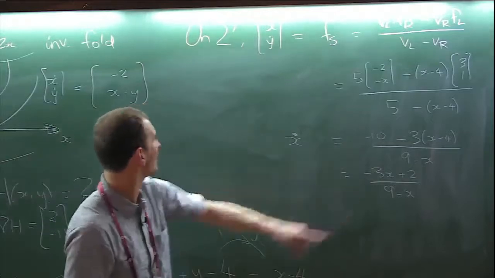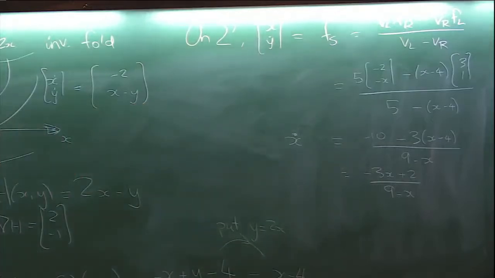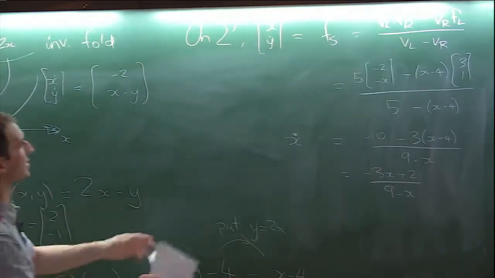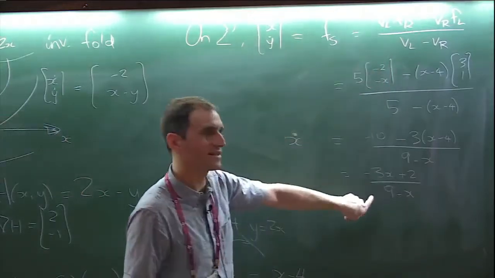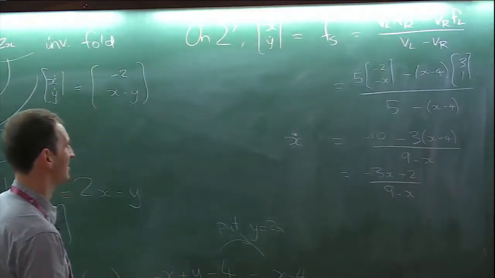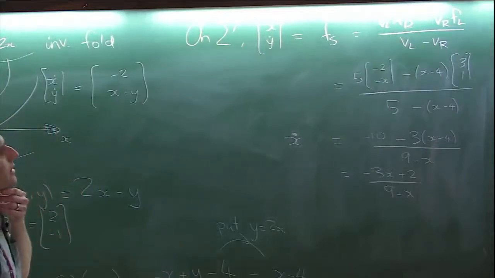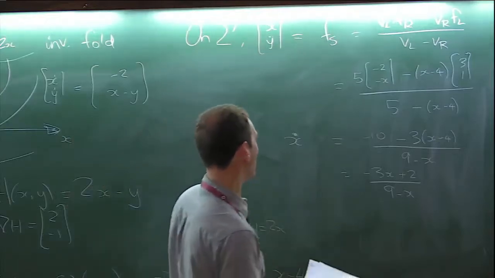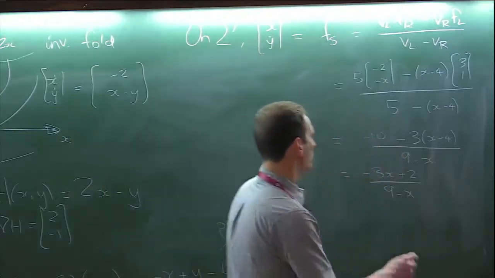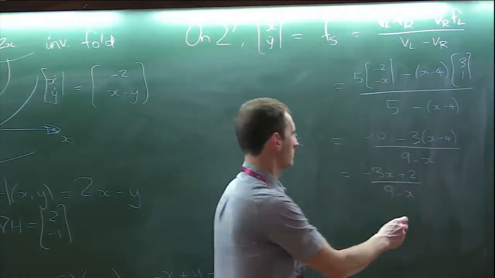Okay, so here's x dot on the switching manifold. I've managed to reformulate my sliding vector field from 2 dimensions down to a nice one-dimensional equation. All right. Okay, so finally, I think we're ready to find pseudo-equilibria. Pseudo-equilibria are where this equals 0.